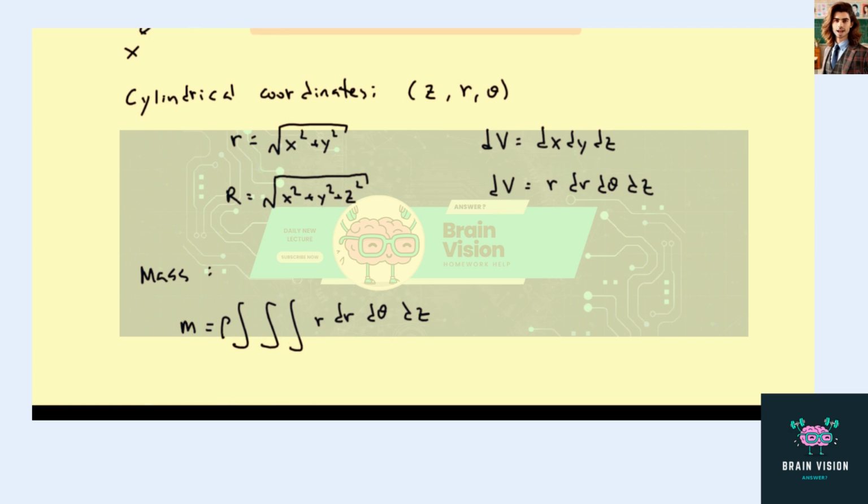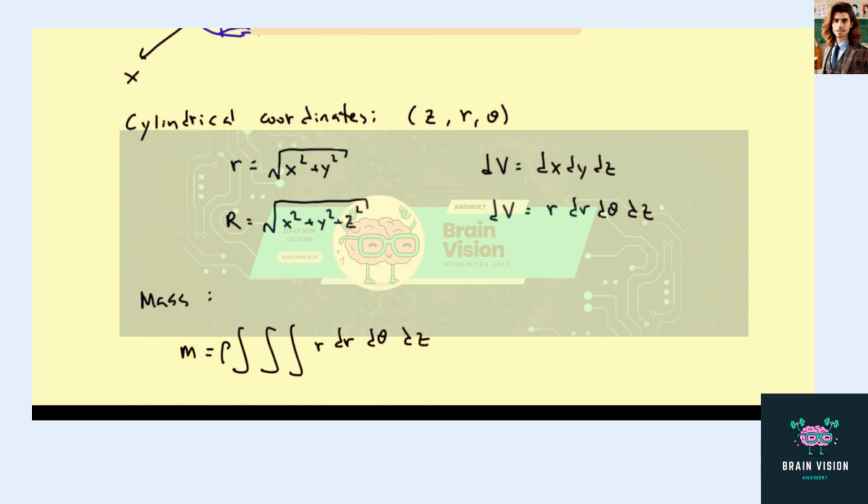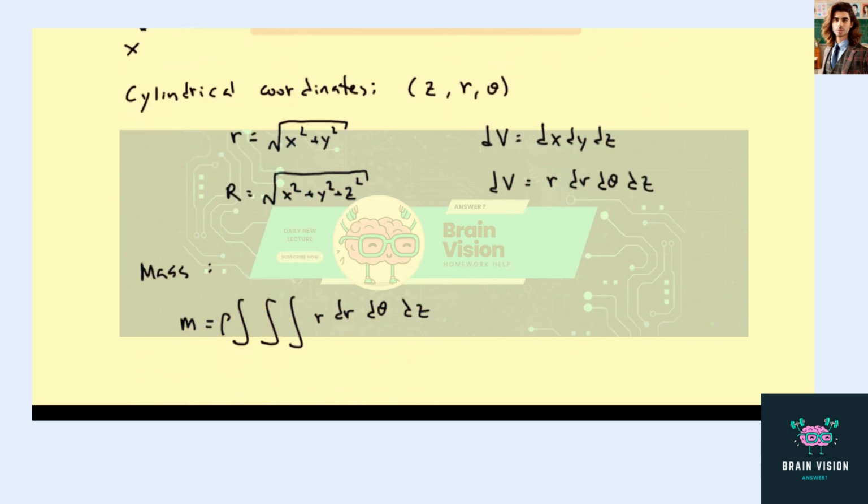We need to establish now the appropriate lower and upper limits of our integral. The easiest will be theta, because we know theta will scope the entire circumference of the bead. So theta will range between 0 and 2 pi.